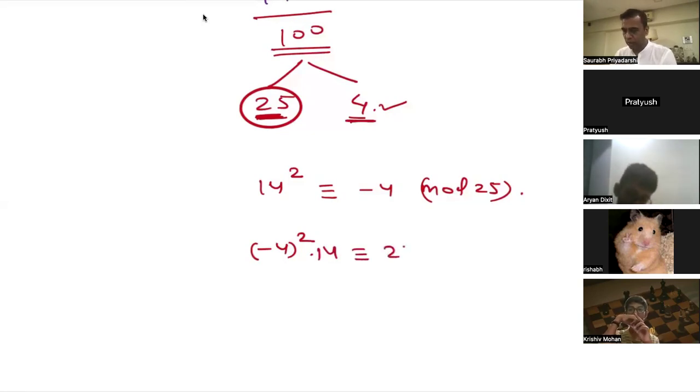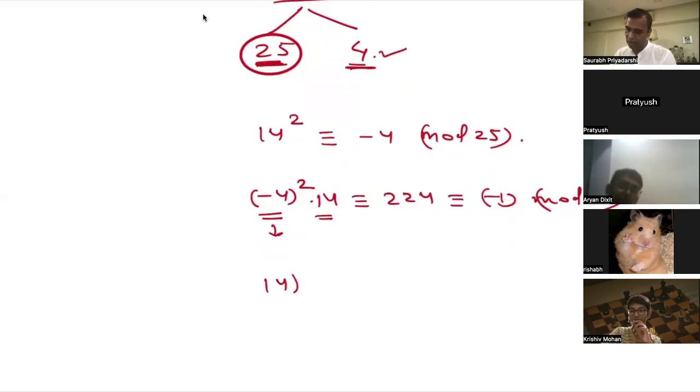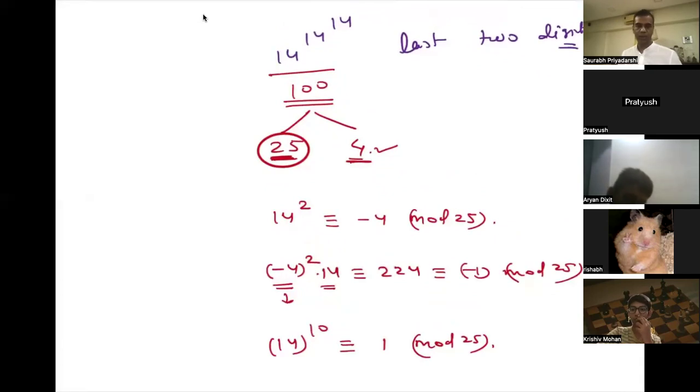This is coming as 224, which is minus 1 mod 25. So what power have we taken for this? Power 4 came, power 1 came, so total power is 5, giving minus 1. So I can say 14 to the power 10 is congruent to 1 mod 25. Up to this step, is this okay, everyone? I have taken 14 squared, that's coming as minus 4. Then minus 4 squared is 16, 16 into 14 is 224. Now 224, I know that will be congruent to minus 1 mod 25.